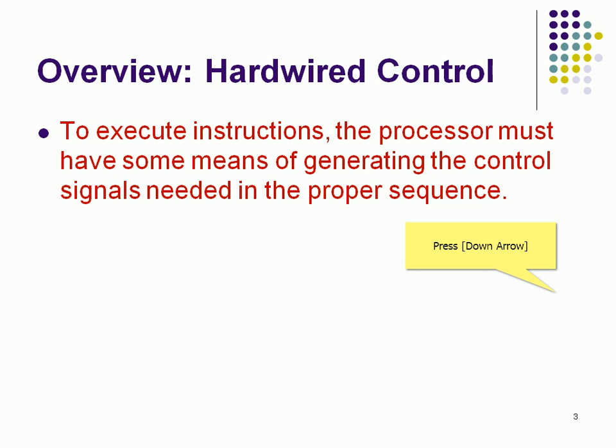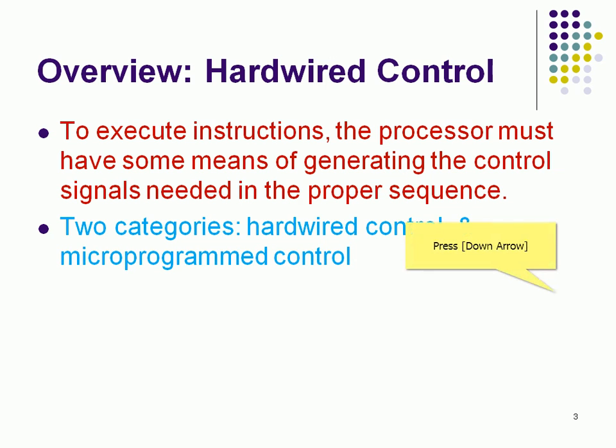There are two categories of control signal generation: one is hardwired control signal generation and the other is microprogram control signal generation. Hardwired control signal generation with the help of combinational logic circuits is going to be exercised here to generate some signals.